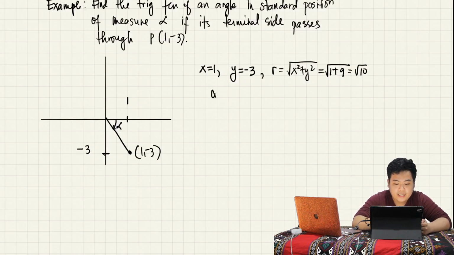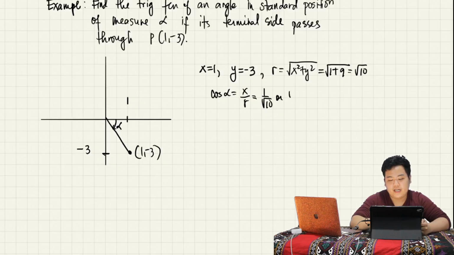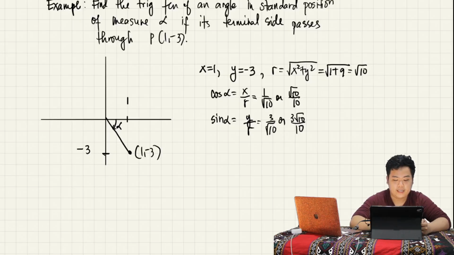Okay, so cosine alpha is x over r, 1 over square root of 10, or if you want to rationalize, square root of 10 over 10. Sine alpha is y over r, negative 3 over square root of 10, or negative 3 square root of 10 over 10 if you want it rationalized. Tangent alpha. So, what is the formula of tangent alpha? Y over x.